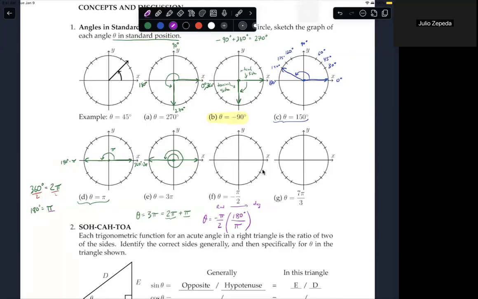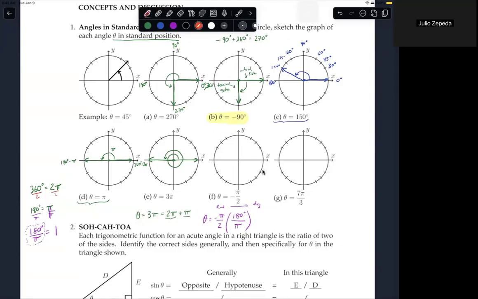If we divide both sides of this by pi, notice that we get 180 degrees divided by pi is equal to 1. And so really multiplying by 180 degrees divided by pi is like multiplying by 1, and it doesn't change the value of the angle. It just converts it from one measure to another, so from radians to degrees.